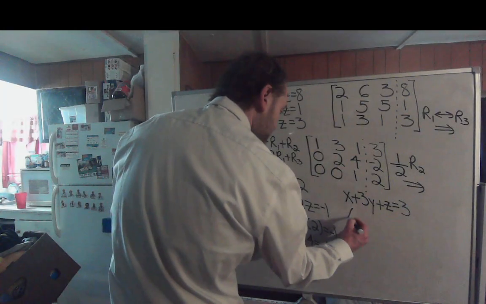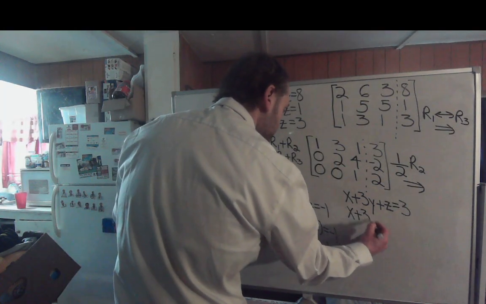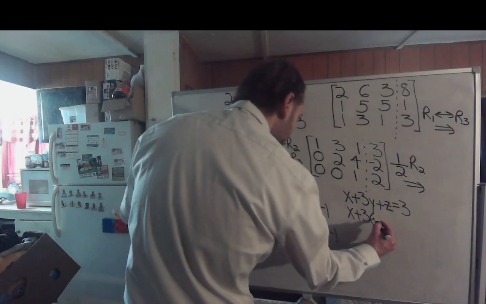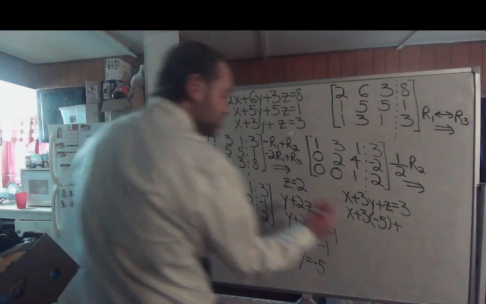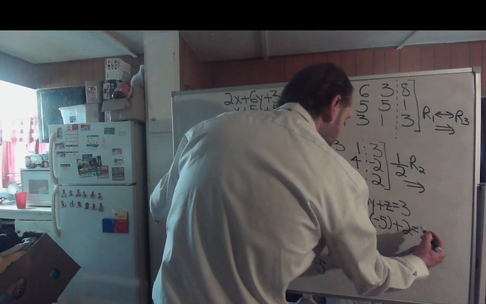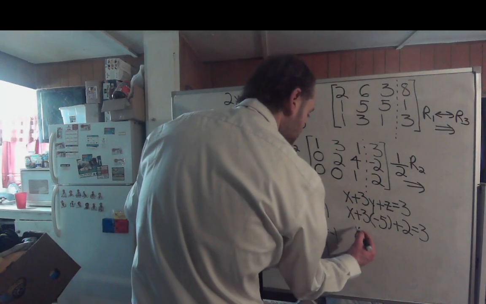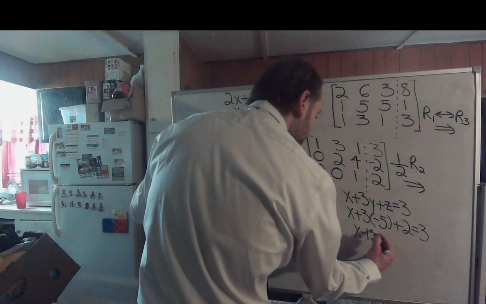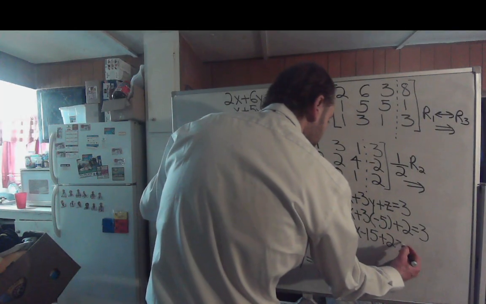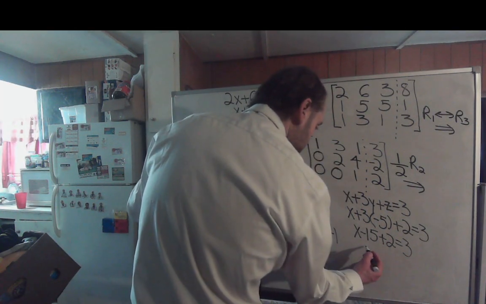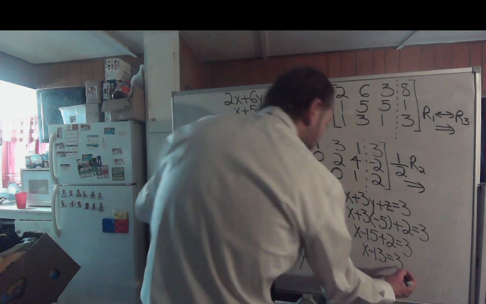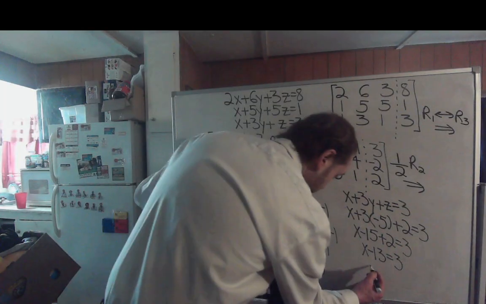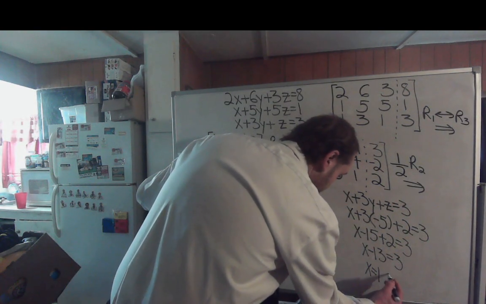So take your x, which we don't know yet, plus 3 times your y value of negative 5, plus your z value, which was positive 2, set all that equal to 3. That would give you x minus 15 plus 2 equals 3, which would give you x minus 13 equals 3, which would give you an x value of 16.